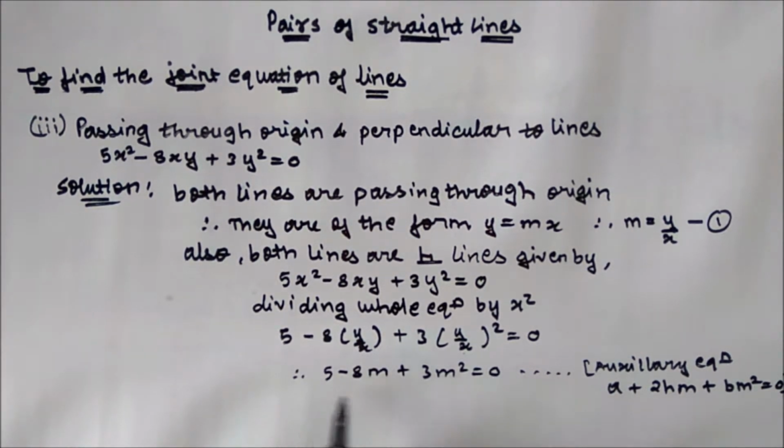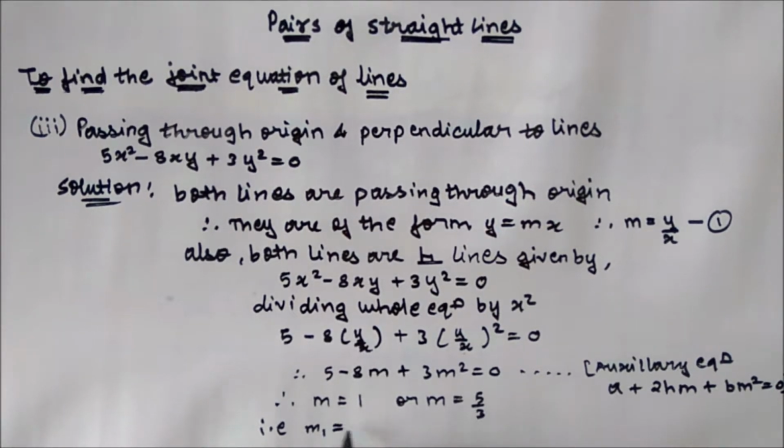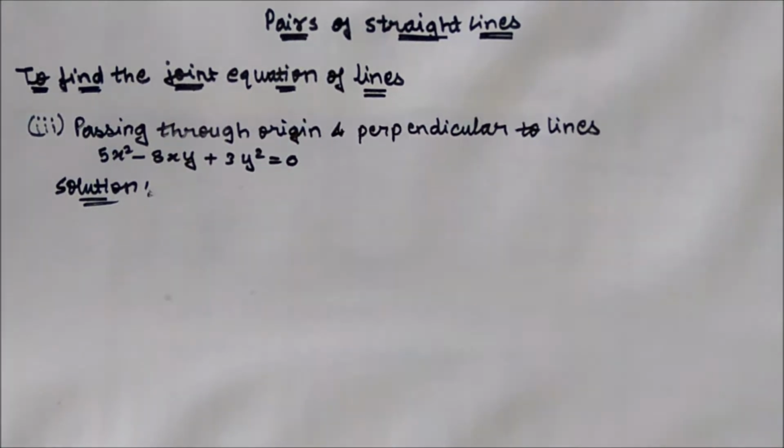Now this is a quadratic equation in m, so we will have two values of m, m1 and m2, which will be the slopes of lines L1 and L2 represented by this equation. On solving this quadratic equation, we get m equal to 1 or m equal to 5 by 3. That is, m1 equal to 1 and m2 equal to 5 by 3.